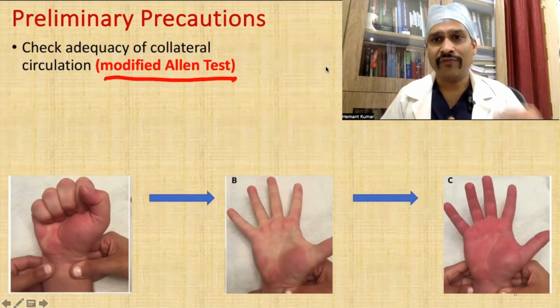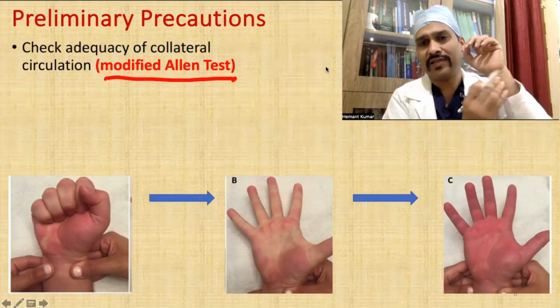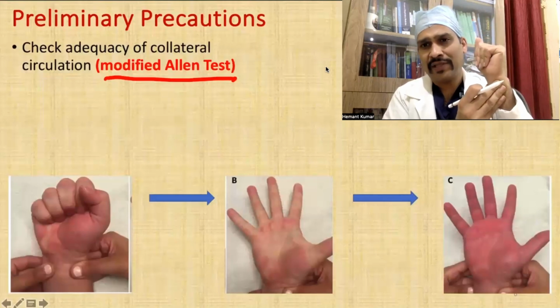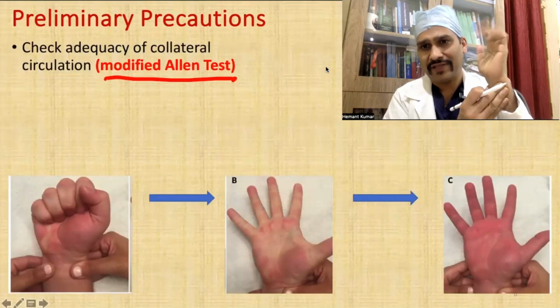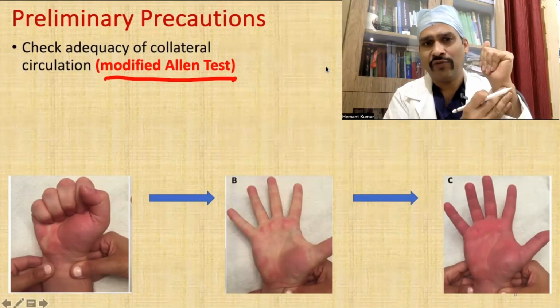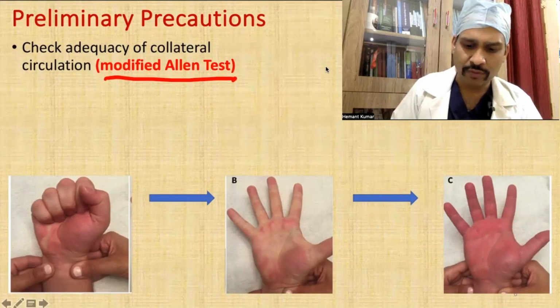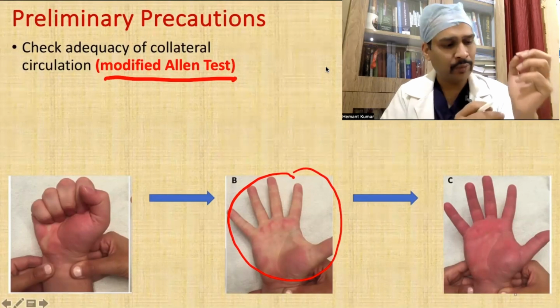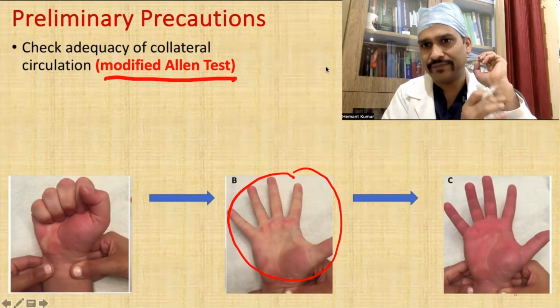How to do it? We have to compress these two arteries, radial artery and ulnar artery, and ask the patient to make a fist repeatedly. So what will happen? The palm will become pale because you block both arteries. Now you have to release the ulnar artery.